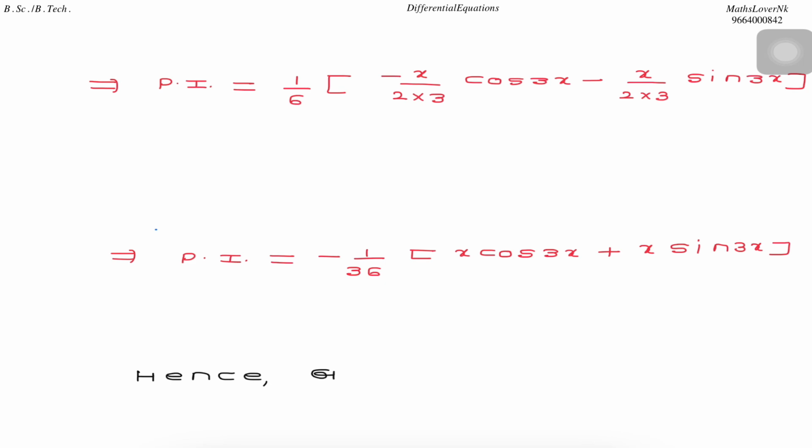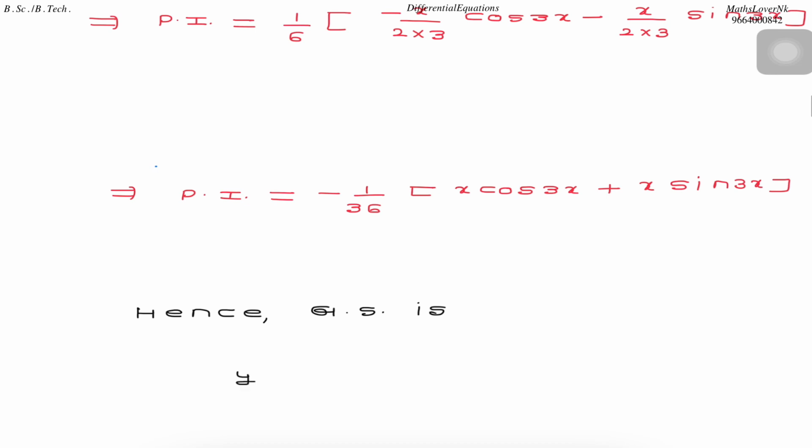GS stands for general solution: y is equal to CF plus PI. CF stands for complementary function, PI stands for particular integral.